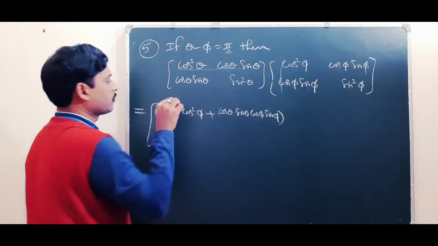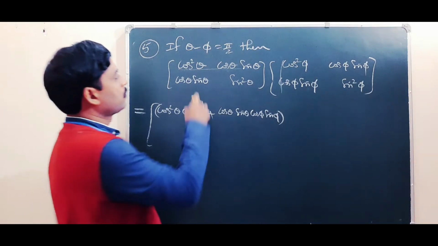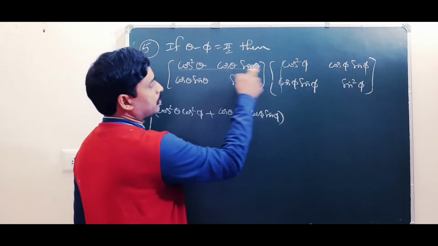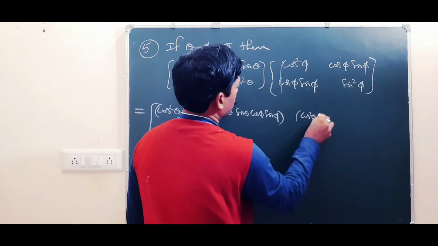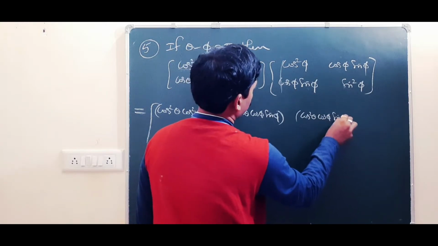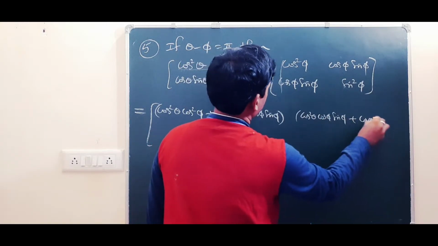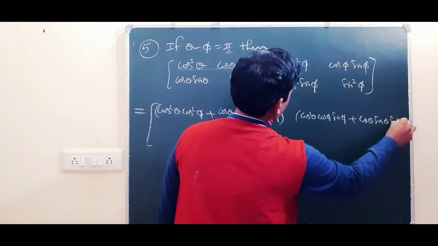This is the first row first column element. Now we have to multiply the first row with the second column: cos square theta cos pi sin pi plus cos theta into sin square pi.